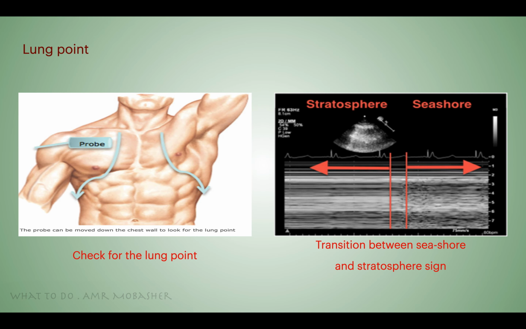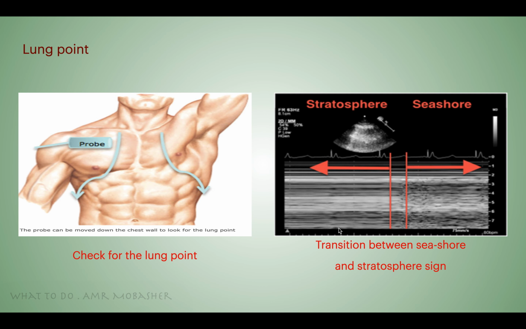Third sign is the lung point. We need to move with the probe from the medial to the lateral along this line, like this or like this, to check for the lung point, which is the point at which the two layers of pleura rejoin again. So at that point, you can find the seashore sign on the normal side and the stratosphere sign on the other side.